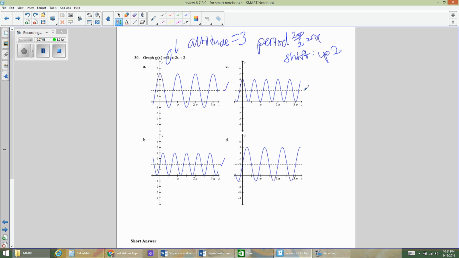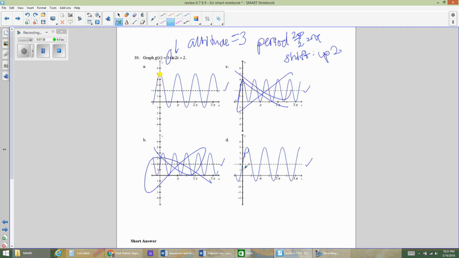So these are all up 2. Okay, good for us, they're all up 2. But they don't all have an altitude of 3. Oh, no, they don't. Right here, 1, 2 is an altitude of 2. So see you later. 1, 2, 3. Okay, it could be D. 1, 2, cannot be B. 1, 2, 3, and it could be A. So here's what you need to notice.